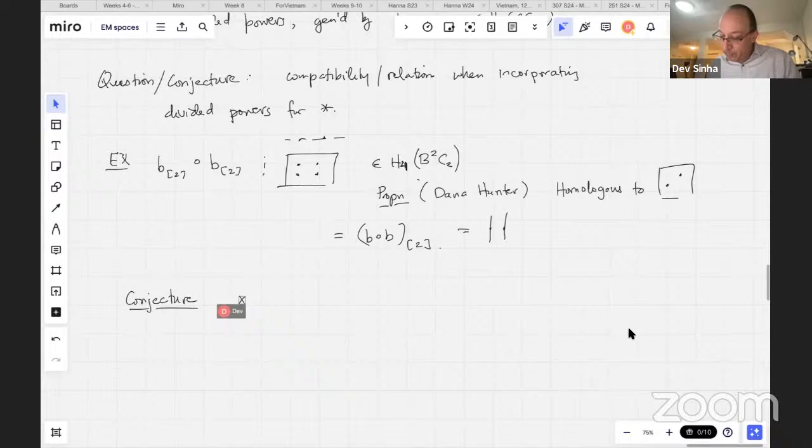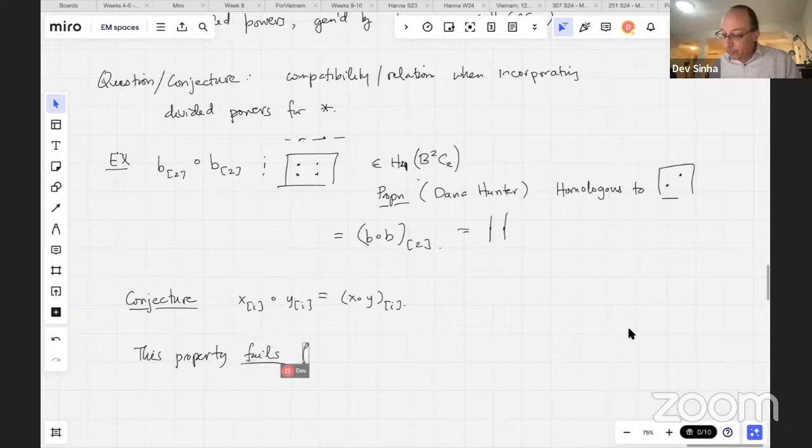But if I've got I-fold divided powers and I take their circ products, I can take the circ product first and then take the I-fold divided powers. It might seem obvious that something like this should happen, but this property fails for the cohomology of symmetric groups, which are divided power Hopf-Ring.